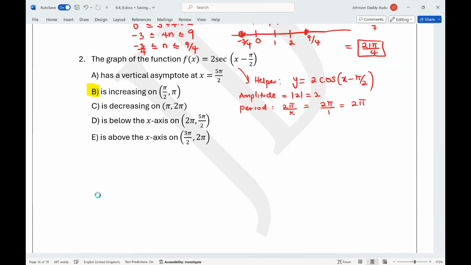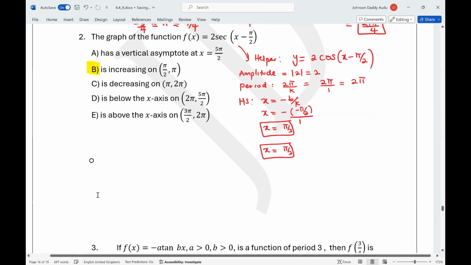And then you can find the horizontal shift. x is equal to minus b over k. So clearly, this is going to be minus pi over 2 all over 1. And this means x is equal to pi over 2, right?